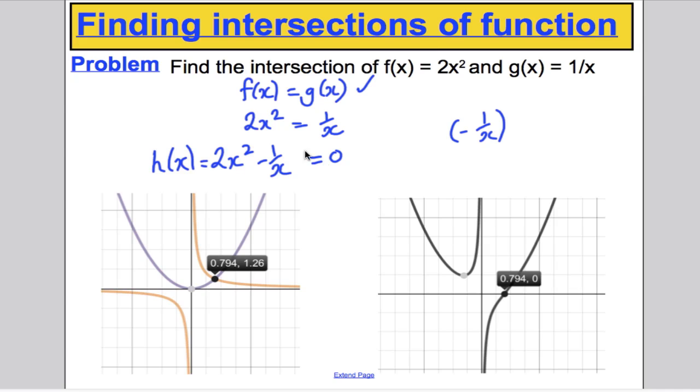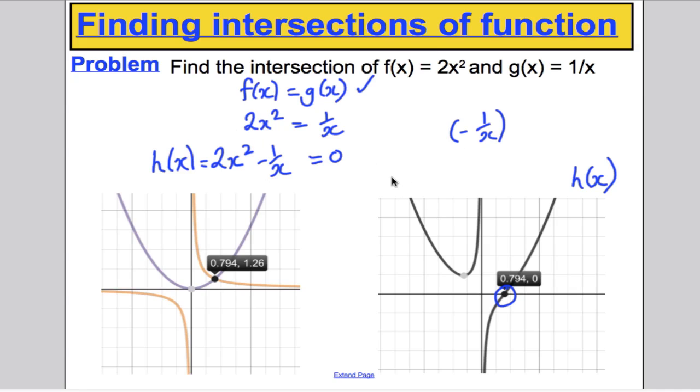Now, if we did draw that function, it just so happens that the function h of x looks as so. It looks something like that. And its root is 0.74, the same as when f of x is g of x, because these are essentially the same equations. But what's better about this is we can use the change of sign rule to locate the roots, whereas before we couldn't, because we're trying to find something equal to 0.